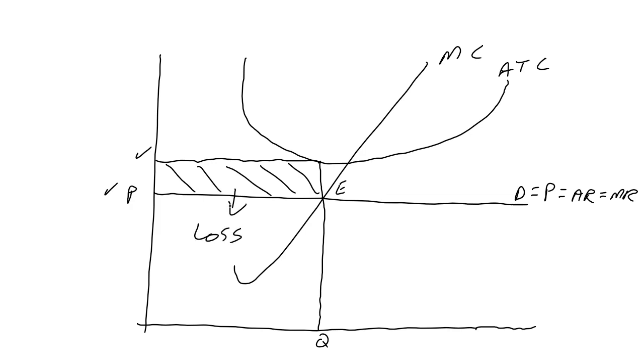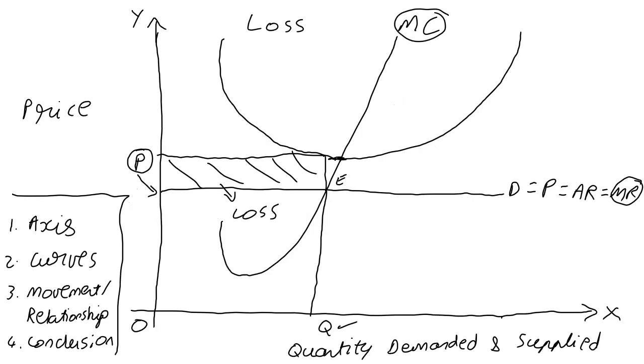Short and sweet. Also, you have to explain the curve, so the labeling is important. Then back to the loss diagram here, and from this we're going to explain what's happening. In the above diagram, price is on the y-axis and quantity demanded and supplied is on the x-axis.